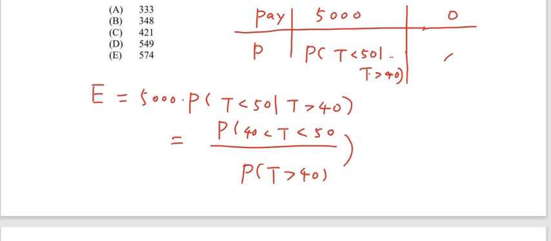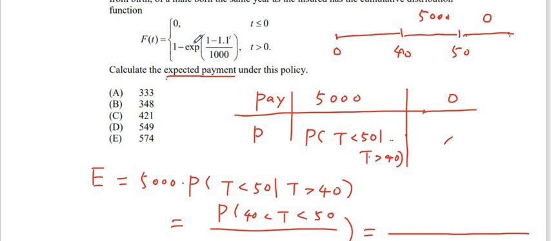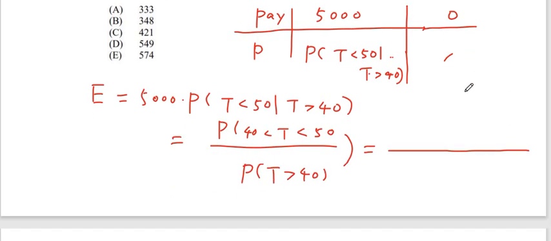So for P(t larger than 40), what is larger than 40? Less than 40 is the CDF, so larger than 40 is just this exponential.